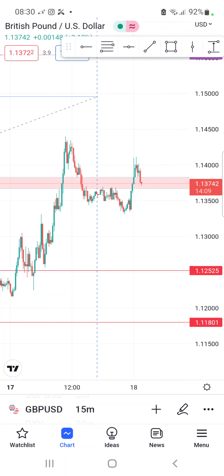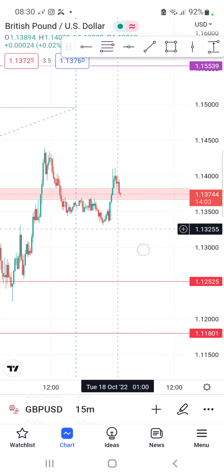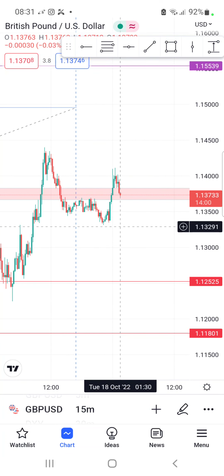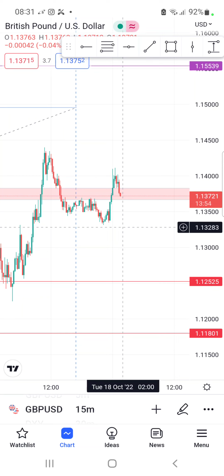When you come to daily, then there is a specific time of the day. Like today, what time is this? My chart is always set at New York time zone. If you go to your time zones on the chart, it is UTC -4. If you do UTC -4, that is the New York time zone.